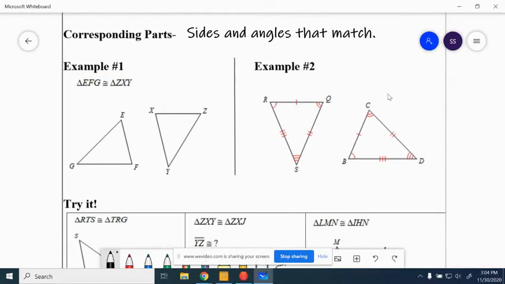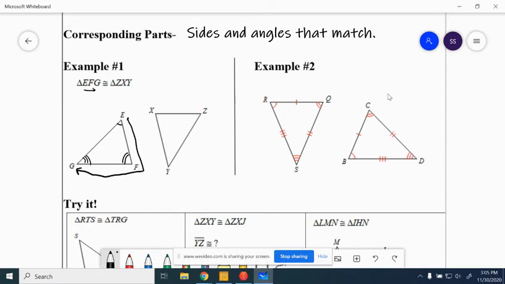All right, example 1. We've got triangle EFG is congruent to triangle ZXY. Okay, so an easy way to do this, I think, is to just make sure that you understand that the order matters. So E to F to G. Okay, so if E is our starting point and we are going to go to F and then lastly to G, that means the E is going to be our first angle, F is our second angle, and G is our third angle.